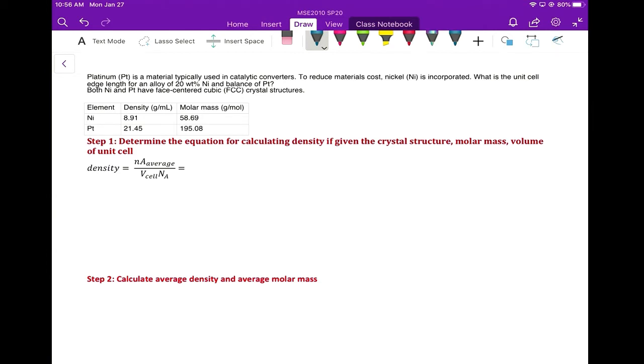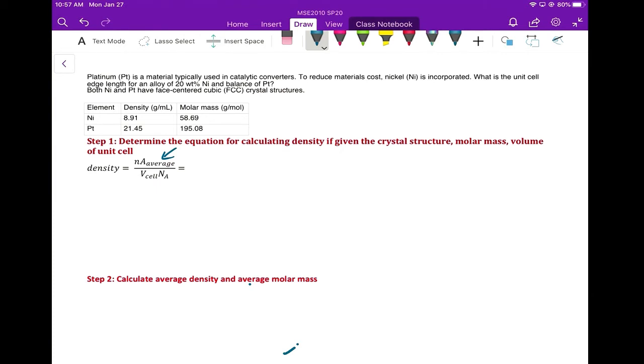Okay? So that's why I've already put this equation on there, because we've seen it before and we've dealt with it. But what is different in this particular case is that now we're dealing with an average, right? So it's going to be the weighted average. The molar mass is now going to change because you have 20 weight% nickel and 80 weight% platinum. You don't have just nickel or just platinum anymore, so you can't just look up these average numbers. So that's what we have to determine. And then we're solving for a, right?